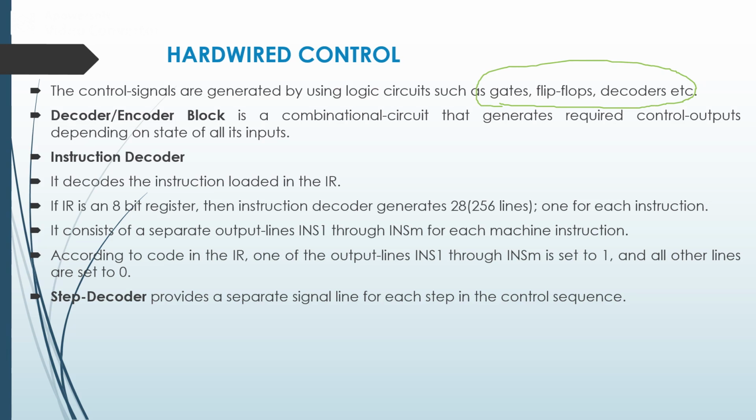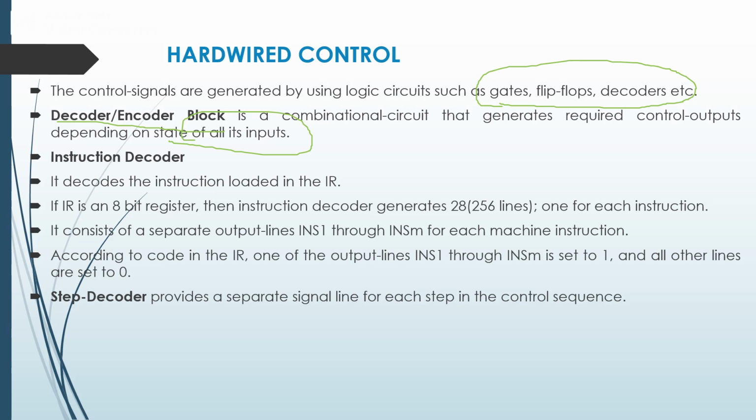The decoder/encoder block is a combinational circuit that generates the required control output signals depending upon the state of all the inputs. It checks the status of all the inputs and generates the respective control output.